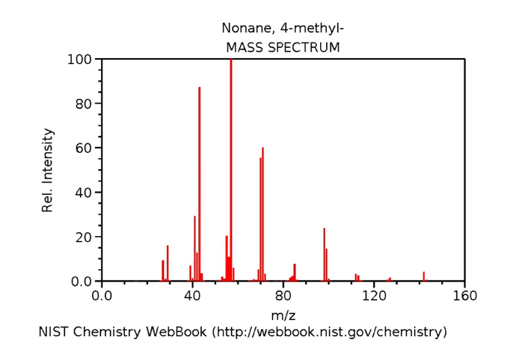All right, so this is 4-methylnonane. 4-methylnonane has the same mass, so 142. We can still see that here.